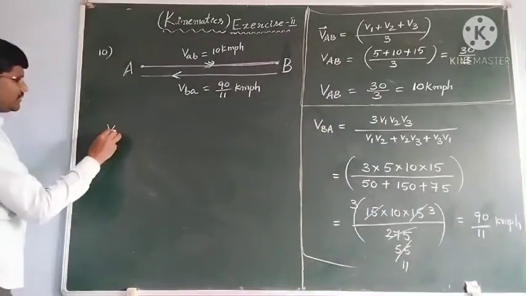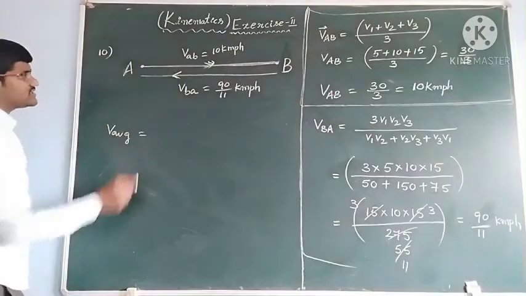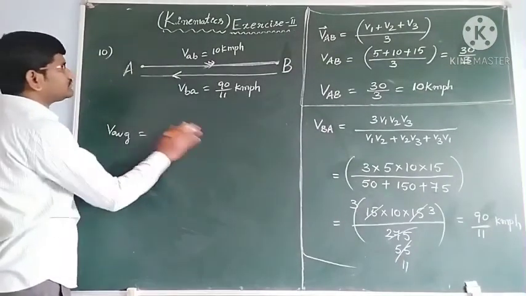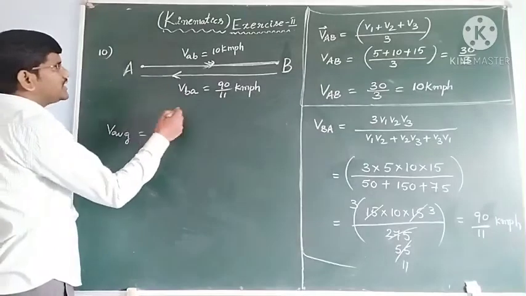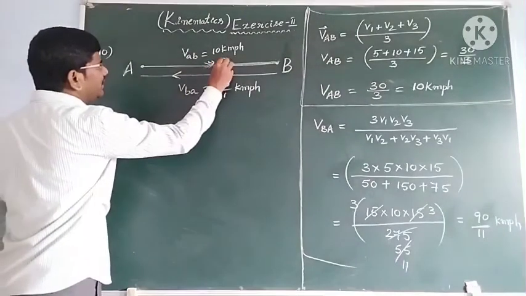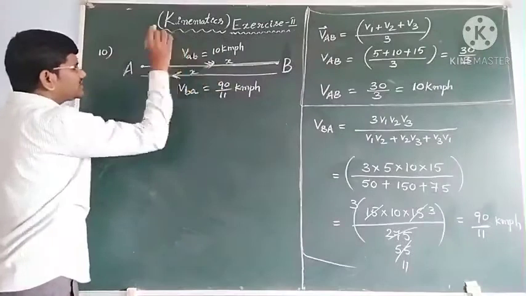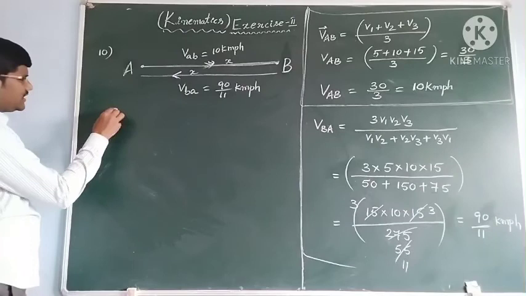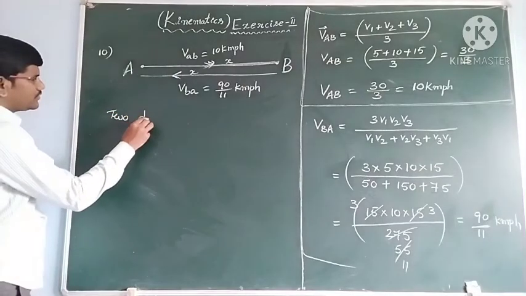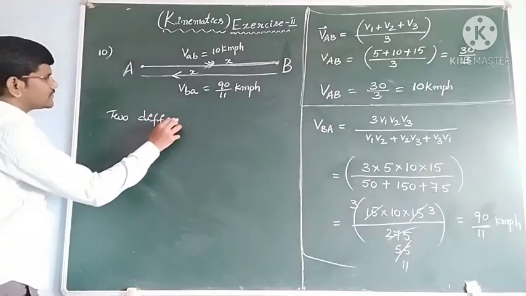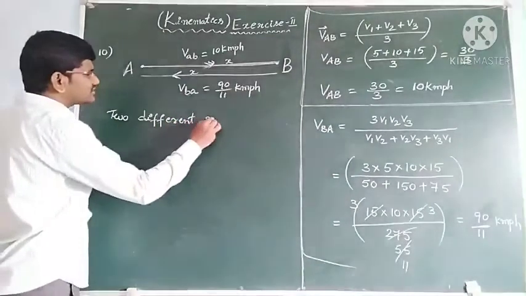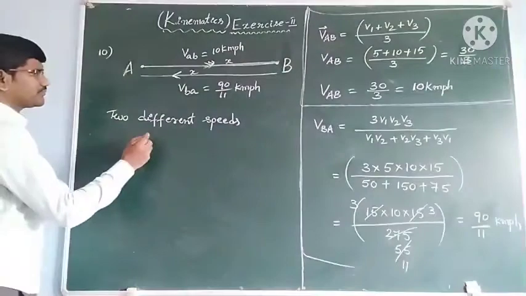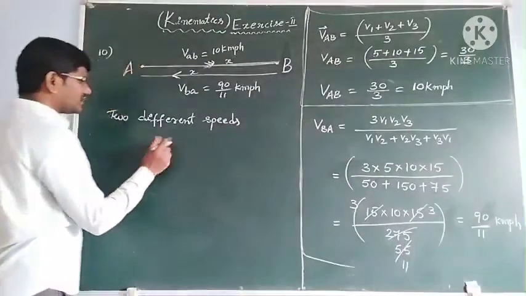For the entire journey, V average, again we have two different speeds and the distances are the same. If the A to B distance is x, the B to A distance is also x, equal distances. Two different speeds covering equal distances.